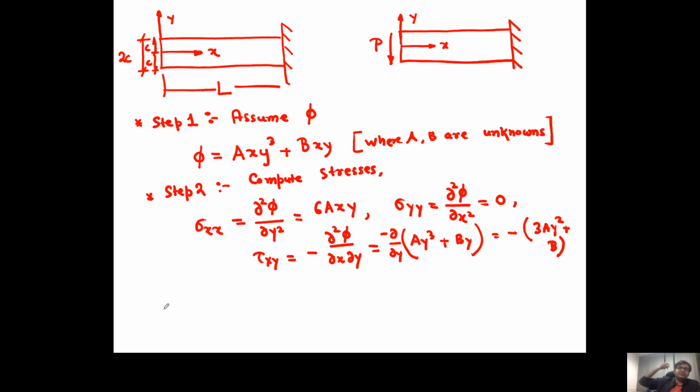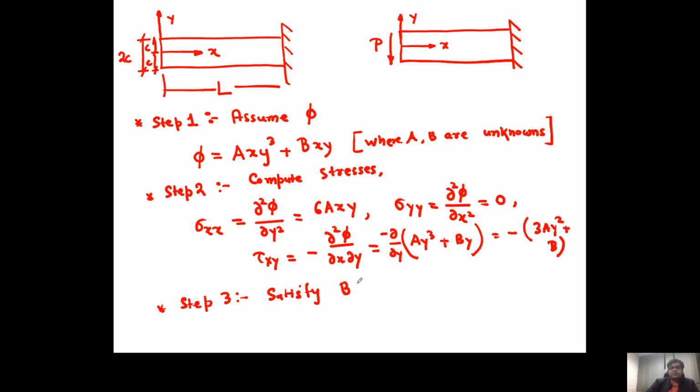So it's better we satisfy the boundary conditions that we can satisfy first. So step 3, we are changing it slightly from the general setting: we satisfy the boundary conditions.